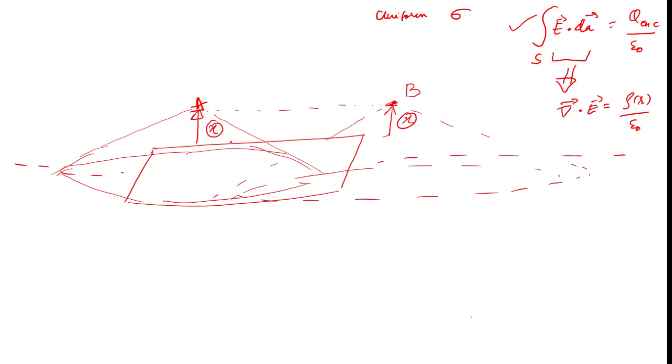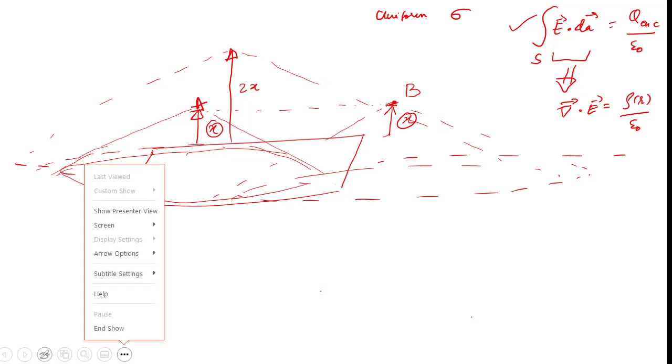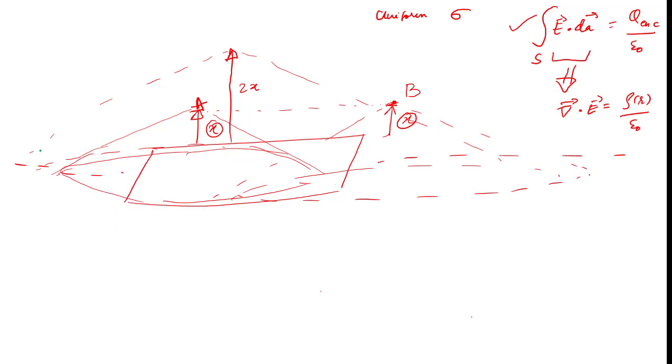Now, what about going higher? For example, instead of x, if I have gone to 2x, then I'm essentially going to see more charge because I'm farther away. So let me do that with green color. I'm able to see more charge.